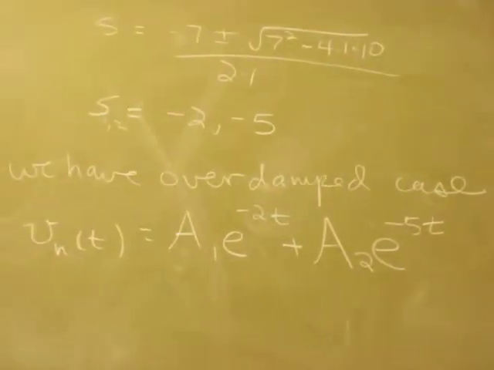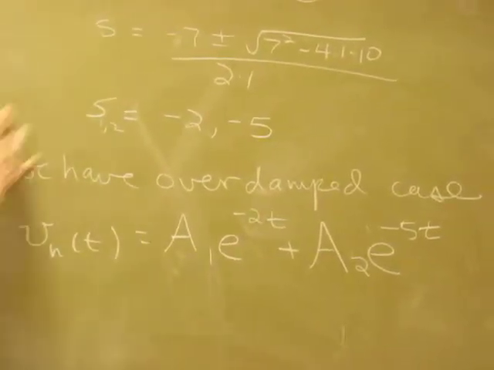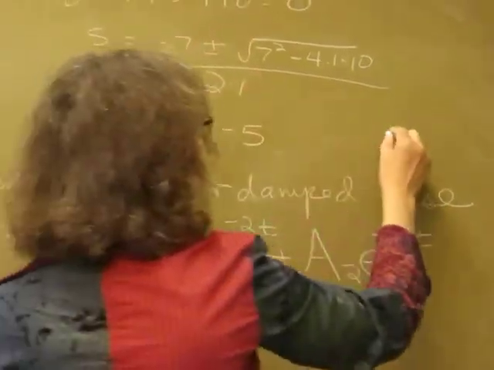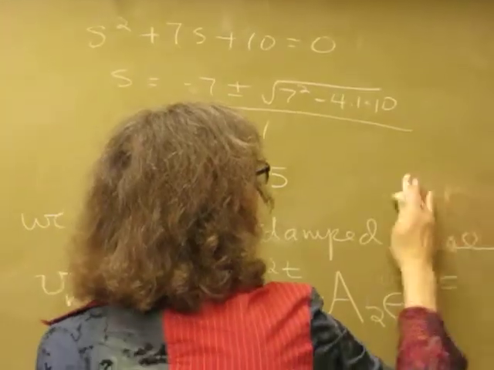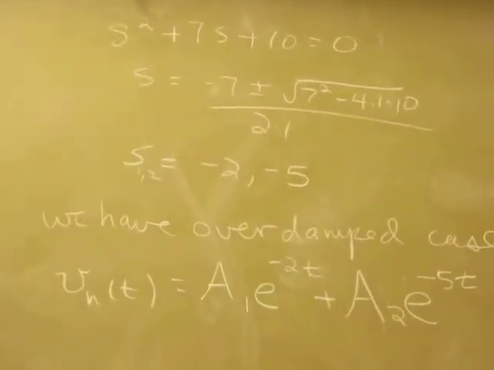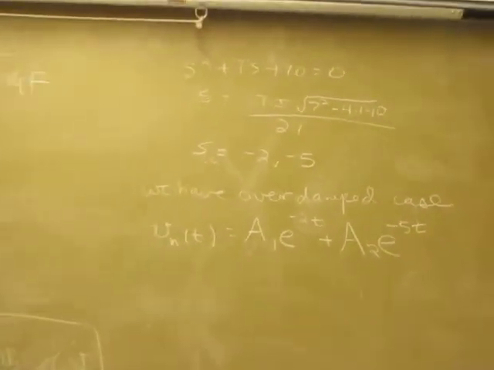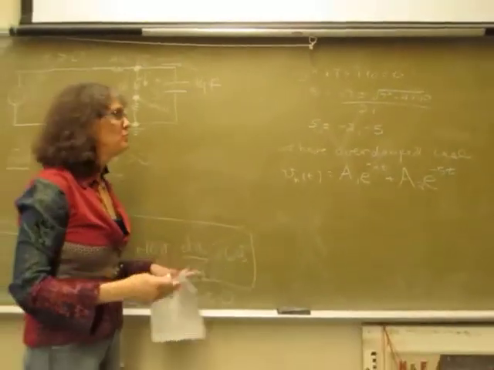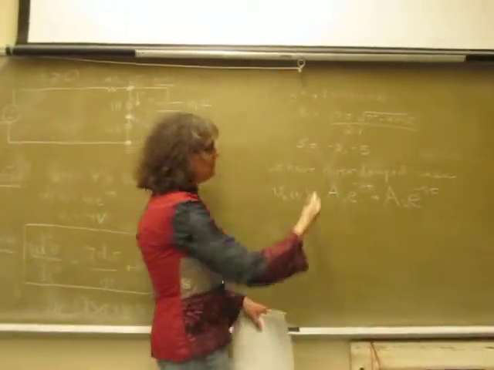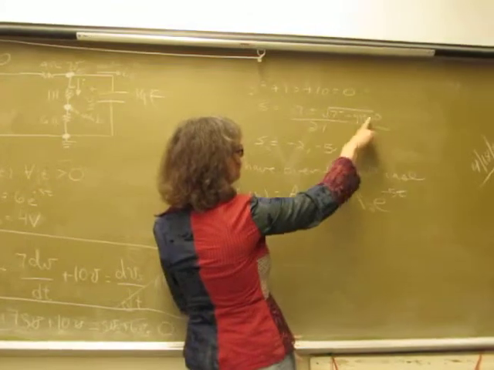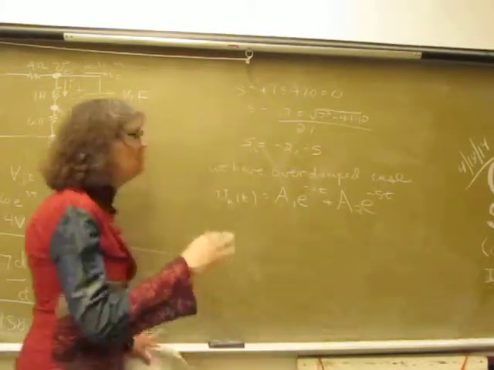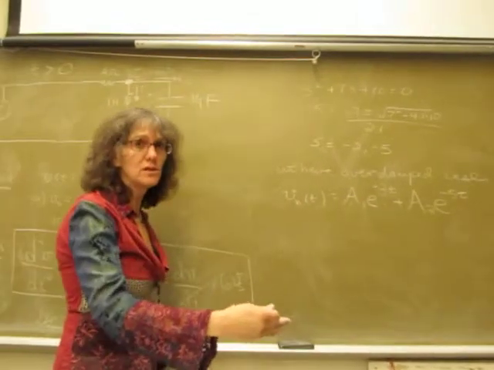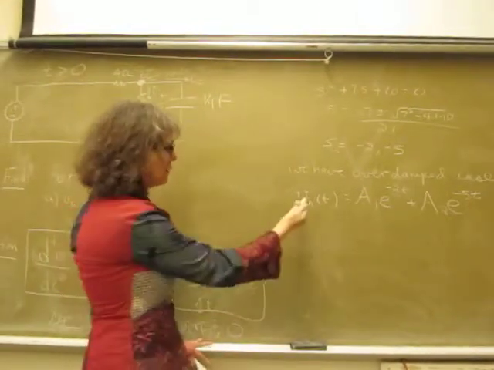That's our transient part. Now, if the numbers had been different and both of the roots were minus 2, that would have been the critically damped case, and there's a different formula for that. Sometimes you'll get imaginary roots, if you get a negative sign under the square root, and then there's yet another formula for the natural part of the solution.